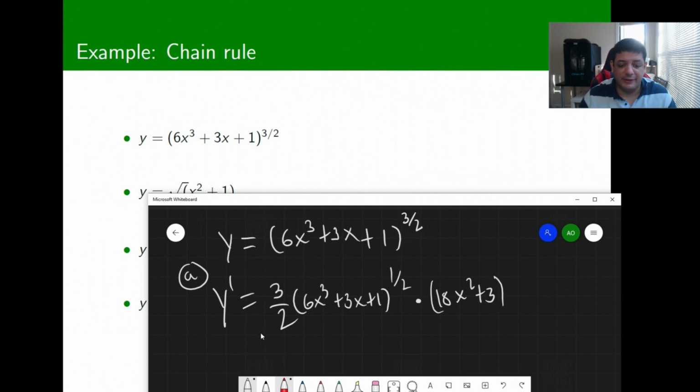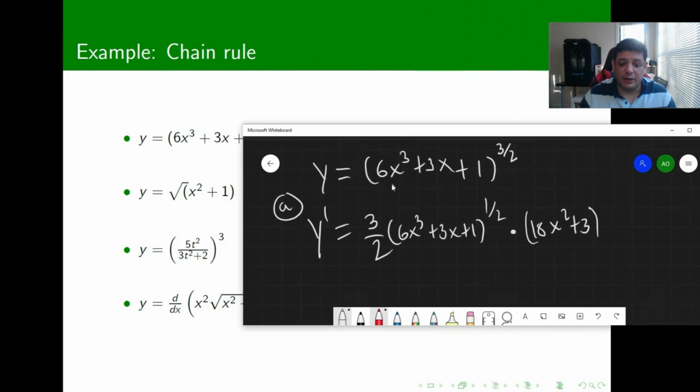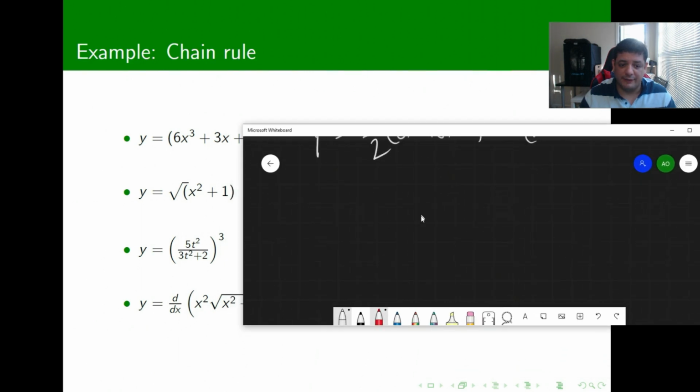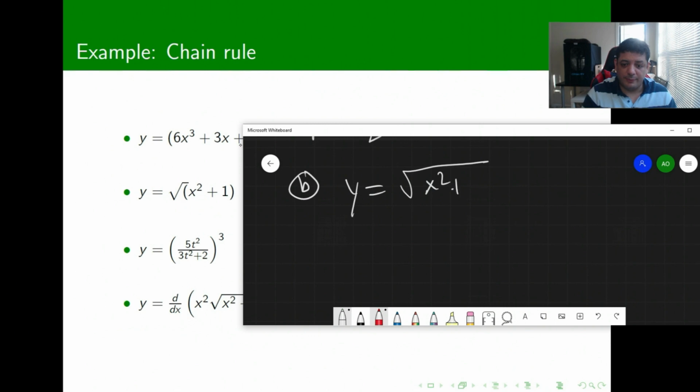Of course, if you have the ability to simplify, you should do so, but a lot of the times you're not going to have that chance with big chain rule situations. Now, if you have y equals x squared, square root of x squared plus 1, notice that this is a power situation as well. You can think of it as x squared plus 1 to the 1 half.